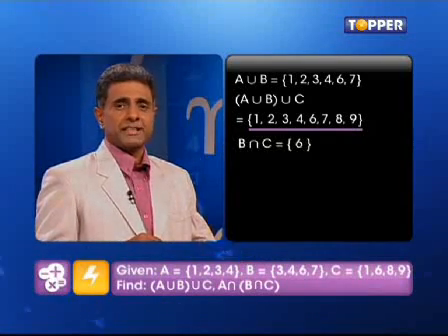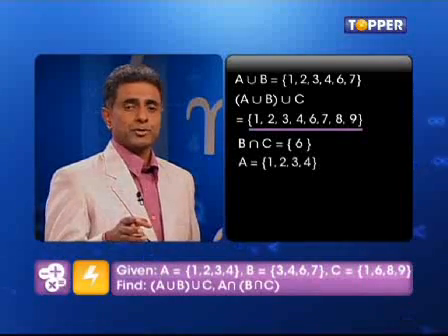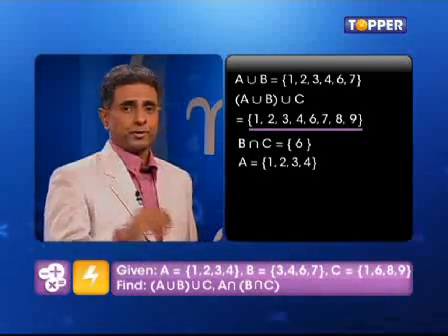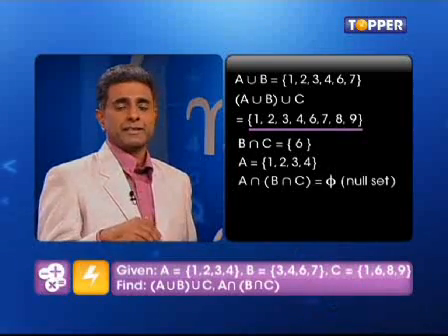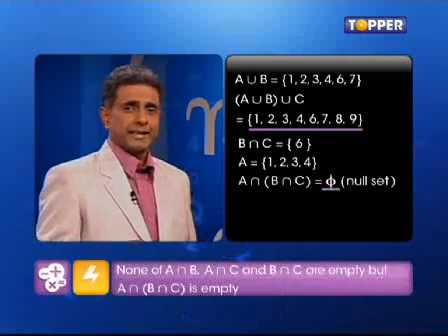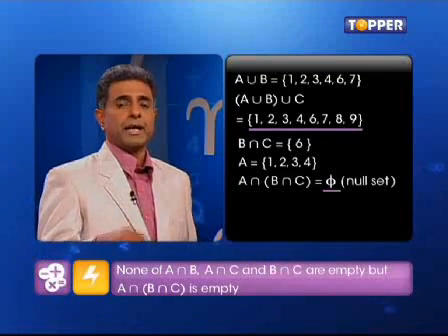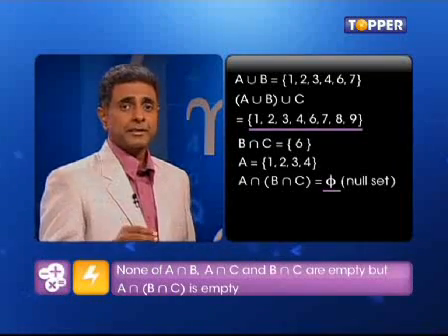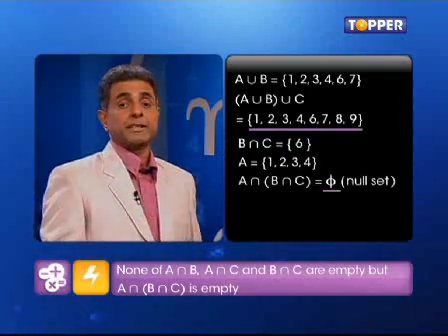B intersection C is equal to 6. Again we have A is equal to 1, 2, 3, 4. Therefore, A intersection B intersection C is equal to the null set. So here is a case where none of A intersection B, A intersection C and B intersection C are empty, but the overlap A intersection B intersection C is empty.